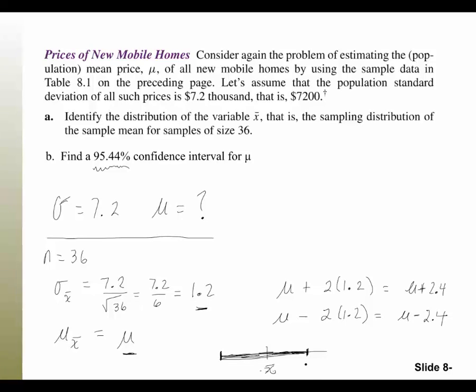If we add 2.4 to that and subtract 2.4 from that, then we'd be 95% sure that the population mean fell in that range. And there'd be a 5% chance that the population mean fell outside of that. So that's the idea of a confidence interval and confidence level.